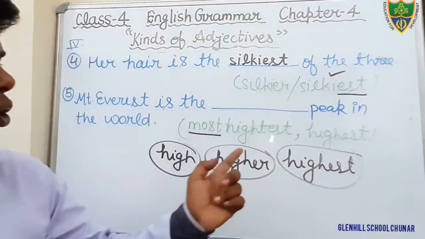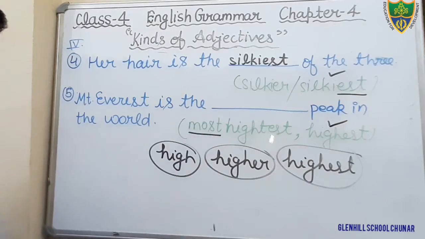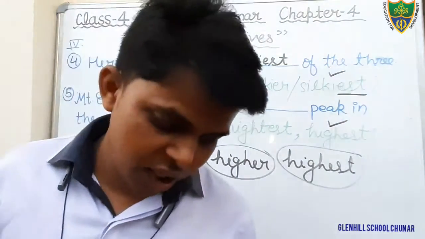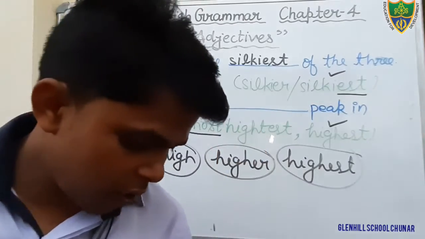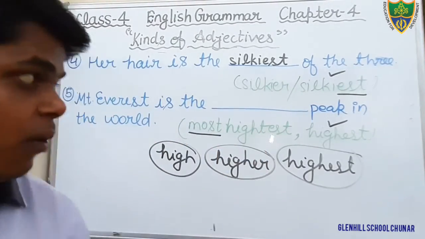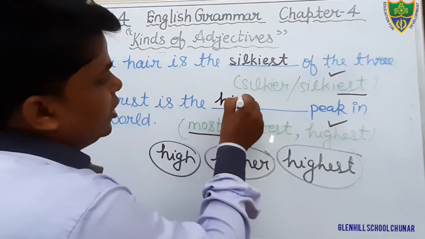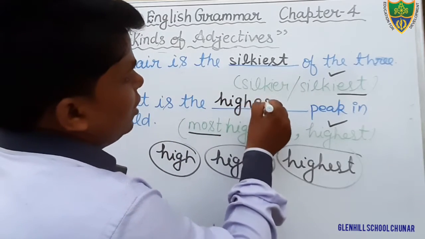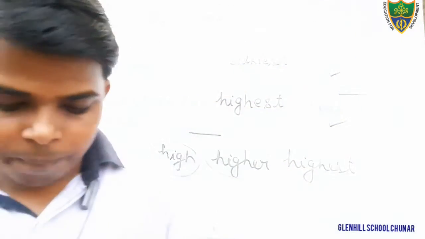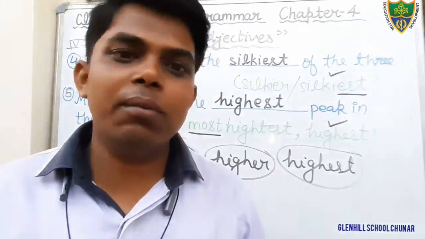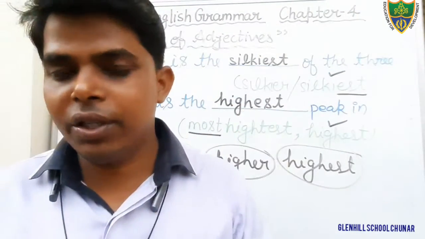Okay, therefore what would be the correct option? The correct option will be highest, not most highest. Most is wrong here, so we will not write this. Mount Everest is the highest peak in the world. Here we are comparing the peak of the mountains with Mount Everest.